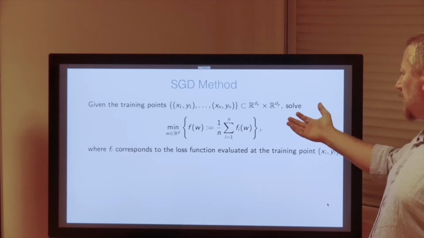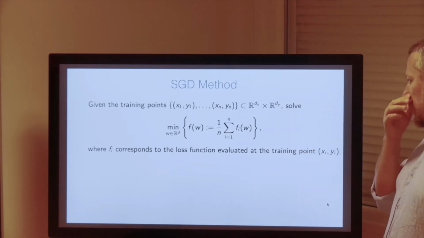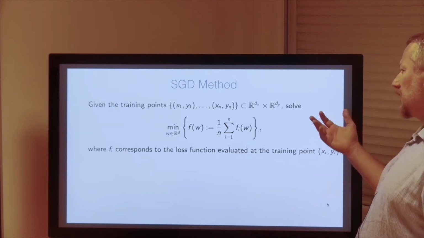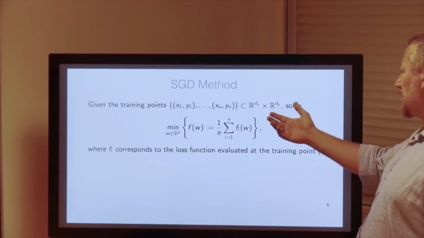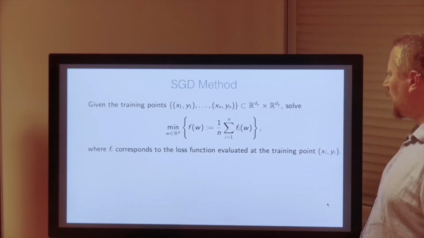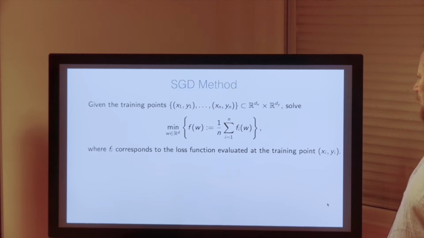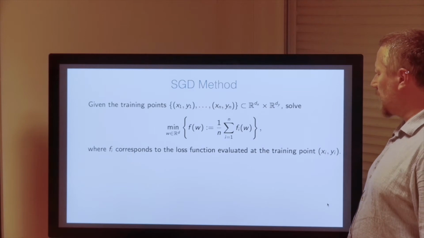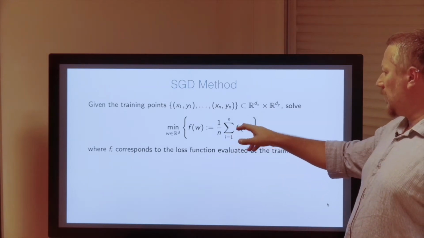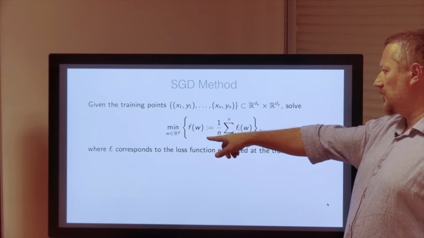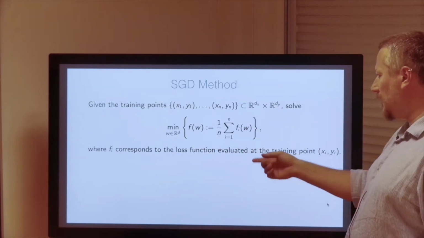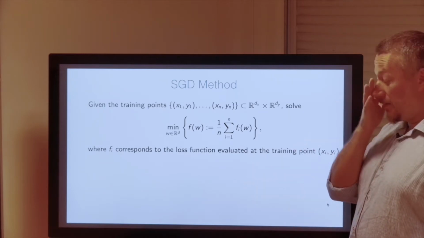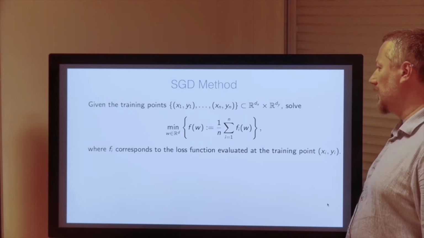So I'm going to talk about a method which changes the step size during the run of the algorithm. As before, we have these training points, and we want to minimize this empirical risk function, where the whole average is called the loss function evaluated over this data, and each fi is the loss function evaluated at a specific point xi, yi.